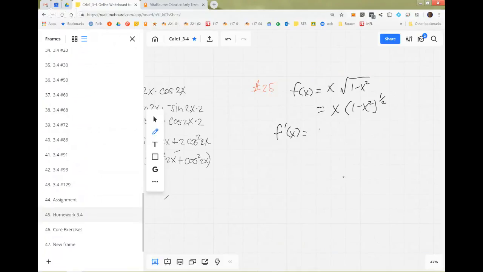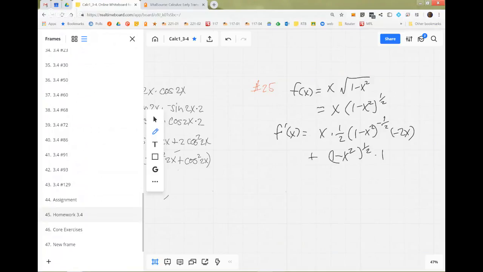So the first times the derivative of the second, plus the second times the derivative of the first.